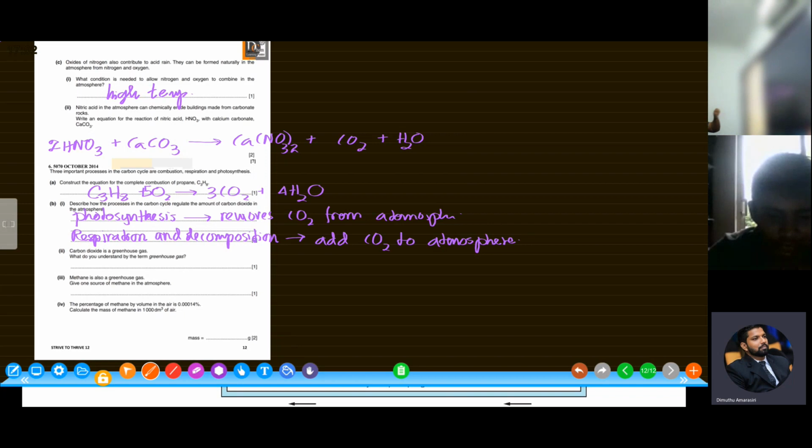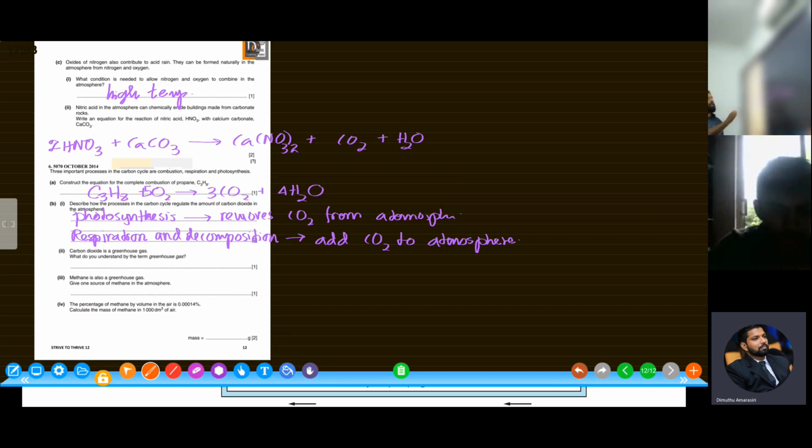Now the question is, there must be 3 marks for this actually. Describe how the processes in the carbon cycle regulate the amount of carbon dioxide. I can't remember whether it's for O levels or A levels.